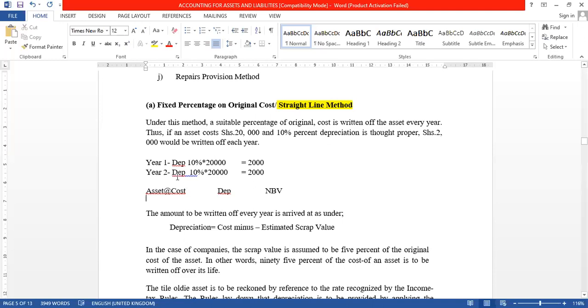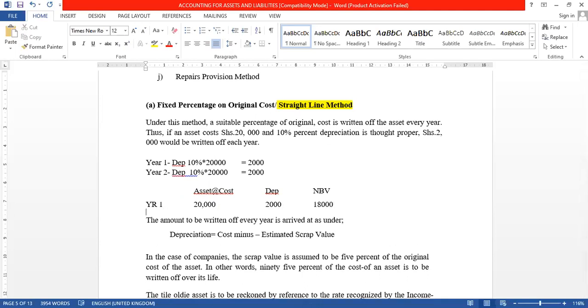So for year one, the cost, we have said already, is 20,000. The value of depreciation per year we've counted to be 2,000. And therefore, the net book value will be 20,000 minus 2,000, which is 18,000, right? I hope you are following. Year two, we start with the cost of the asset.